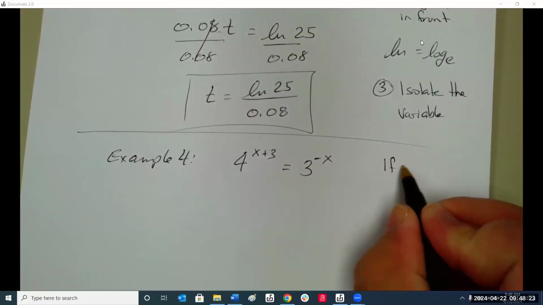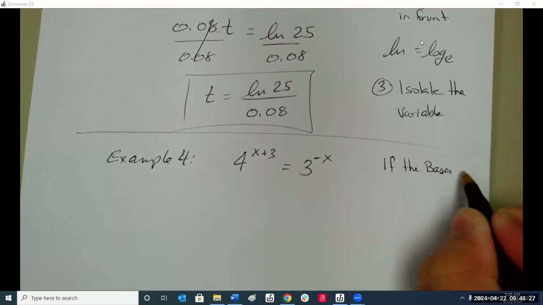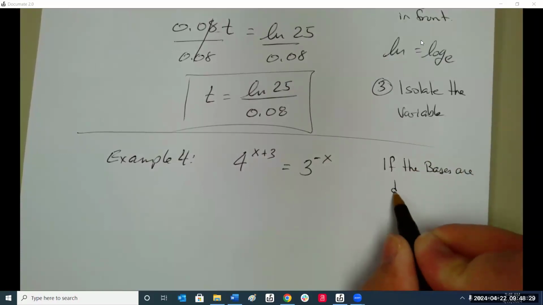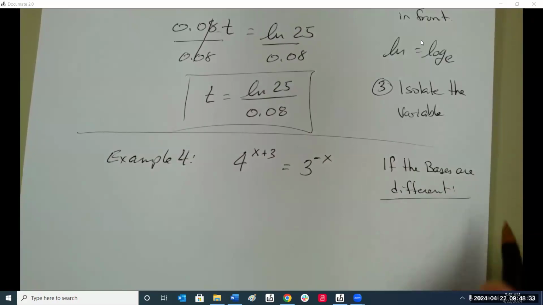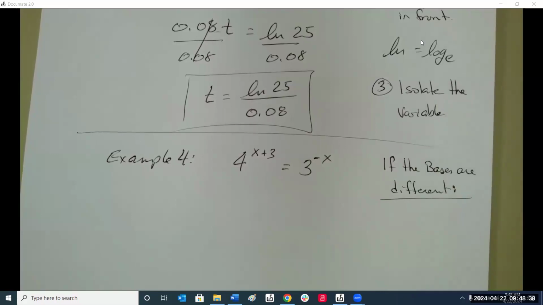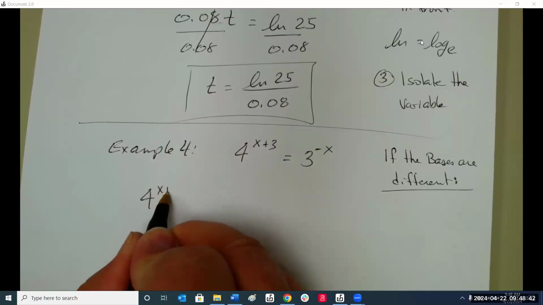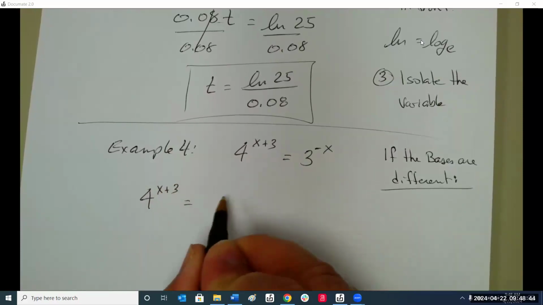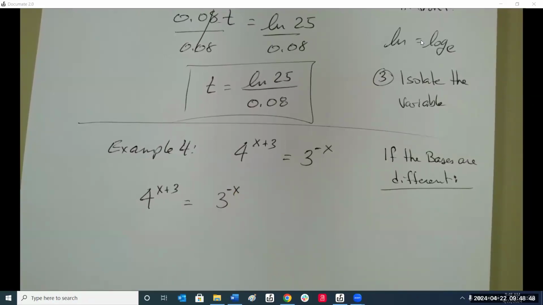So if the bases are different, what do you think we do?